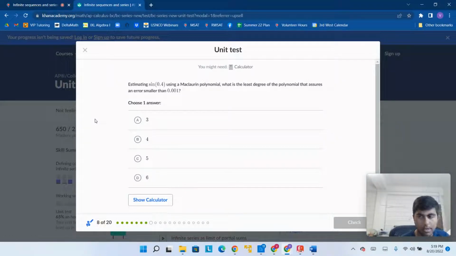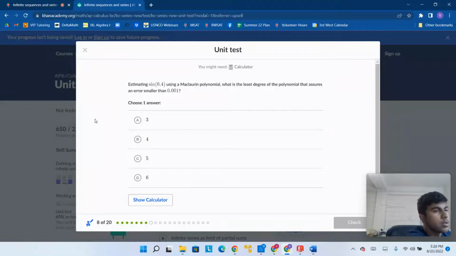Right, so the Lagrange error bound is going to be the nth derivative of this function, sine of x, where x is 0.4. And then it's going to be the Lagrange error bound.